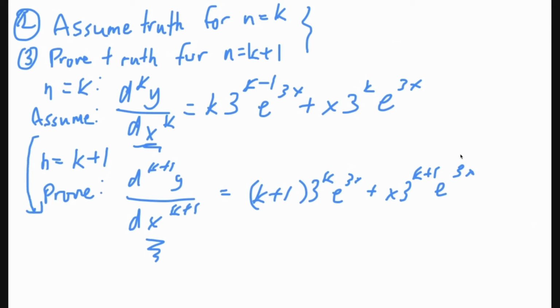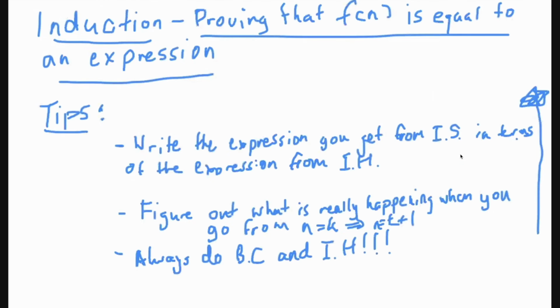Cool. So now that we've figured out what's actually happening as we go from n is equal to k to n is equal to k plus 1, we can begin to apply tip 1, which basically says to write the equation you get from the inductive step. Remember, that's the n is equal to k plus 1 equation, in terms of the expression from your inductive hypothesis.